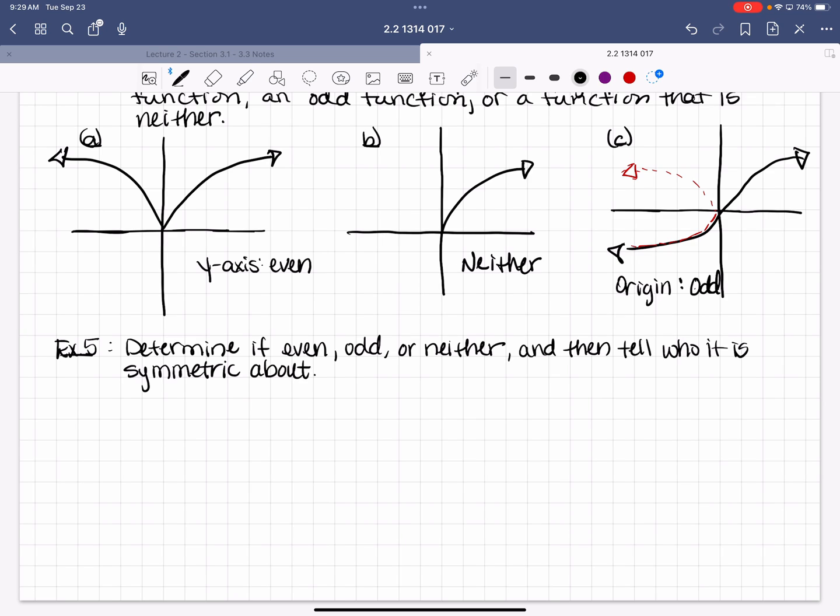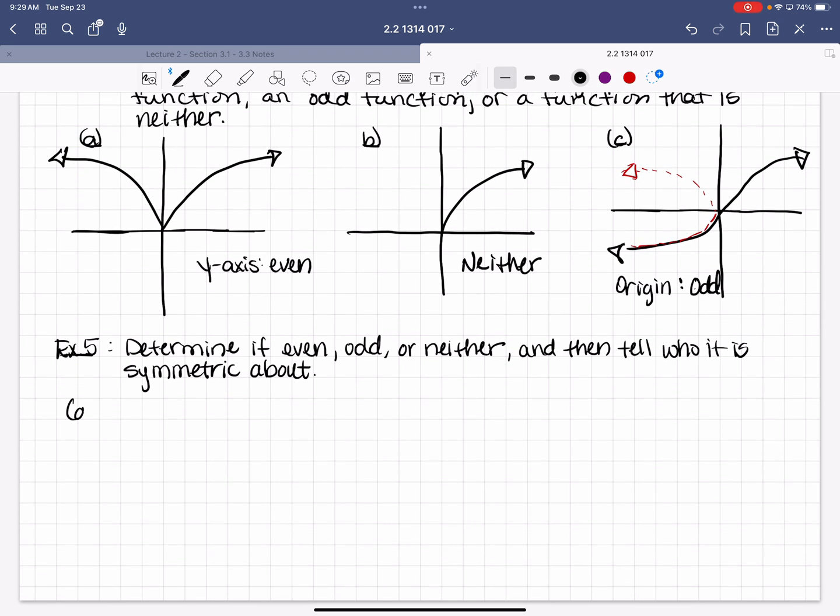So this means that we're going to kind of have to test for that. Actually, it just says y or the origin. They're only worried about even or odd. So you don't have to deal with x here, okay?